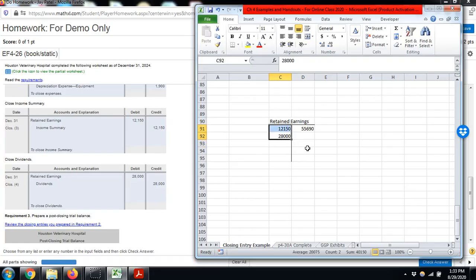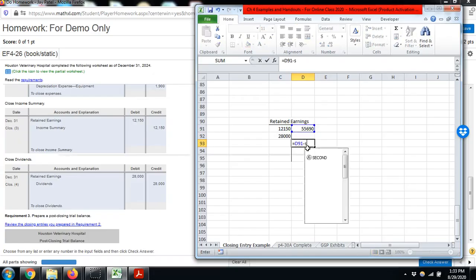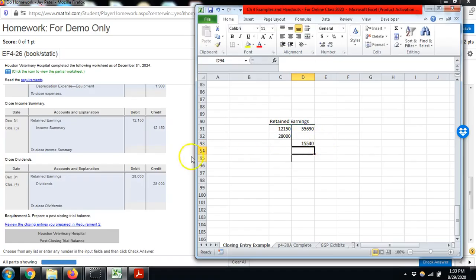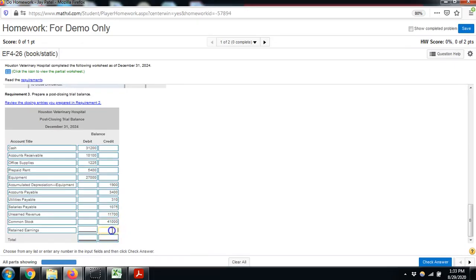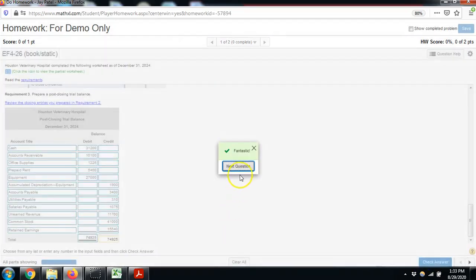The sum of the debits is $40,000, so it's still going to be a credit balance. We still have positive retained earnings. So we have our credits minus our debits, and it's $15,540 that is going to be our ending balance here. And when we add up our debits and our credits, it should balance. Okay, that's it.